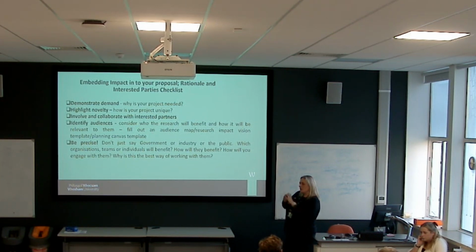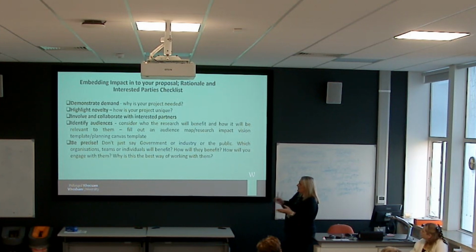I'd say if you can tick these boxes when you're laying out that story as to why you're even embarking on this, you're already on the right track to evidencing why it's needed, why it's different, why it's new, and identifying quite early on who you're going to be working with. We use the words interested partners, interesting partners.